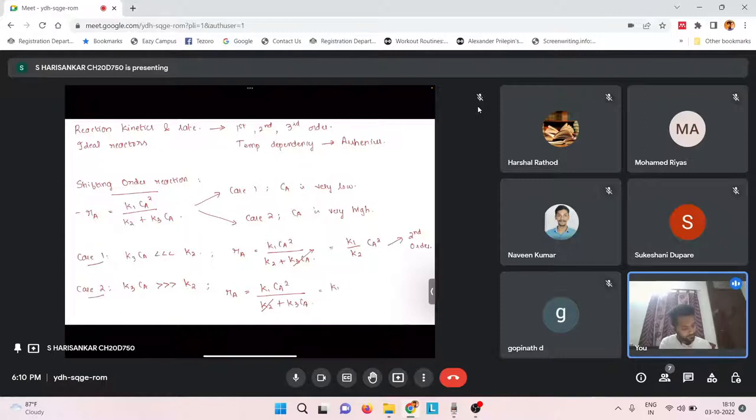So it will be K1Ca square by K3Ca. And this Ca will get cancelled, and you can write this as K1 by K3 into Ca. Now this is first order.